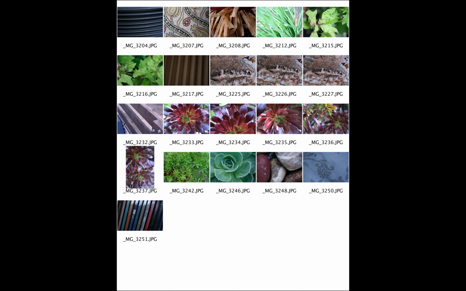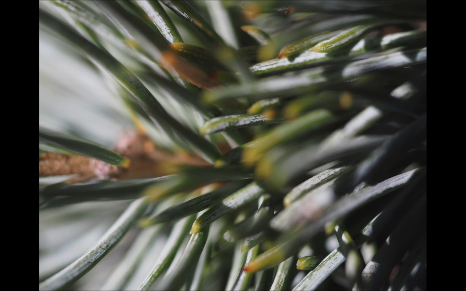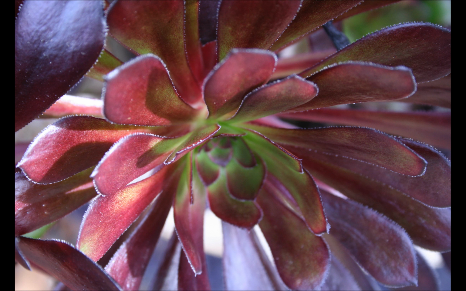Flowers, the natural world, they're always a very interesting way to think about abstraction. So we get up close and we're very conscious just of the colors and the forms rather than the whole plant.